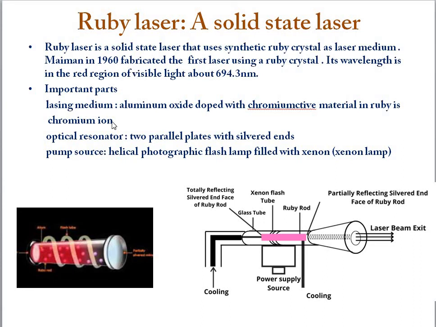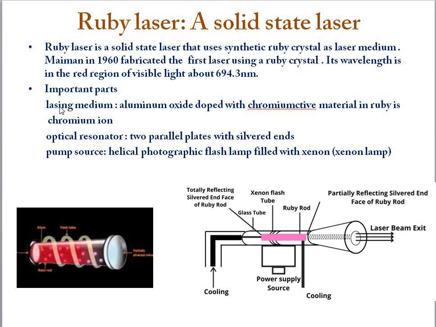Here the lasing medium is aluminium oxide doped with chromium, which is the active material in the ruby laser.